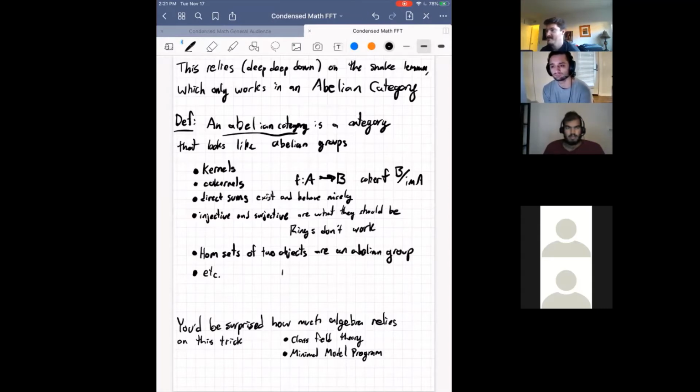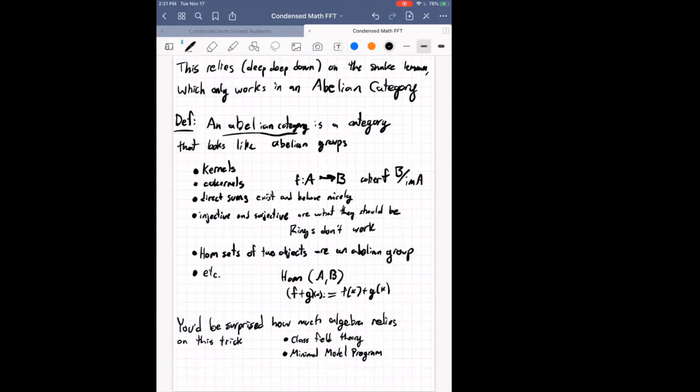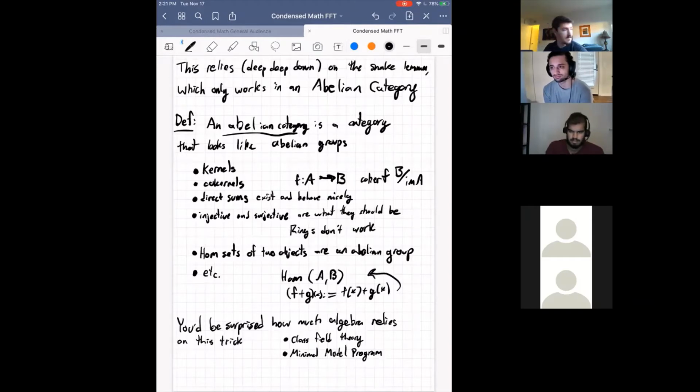Particularly when I have the Hom of two abelian groups A and B, what's the group law? F plus G is defined to be (F plus G)(x) equals F(x) plus G(x). So when you have something like this, you can make your Hom sets be abelian groups, and that's one of the key parts of being an abelian category.